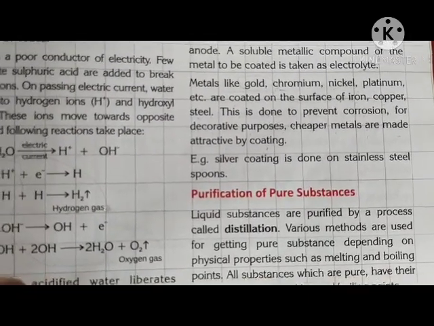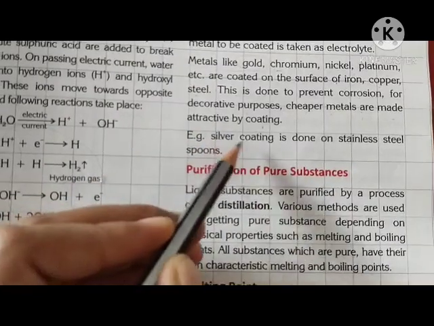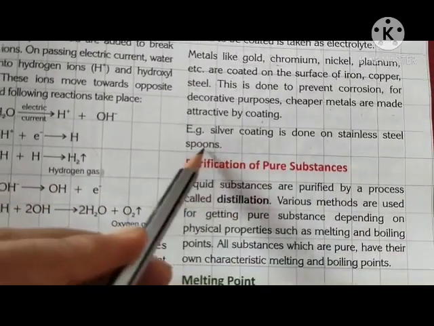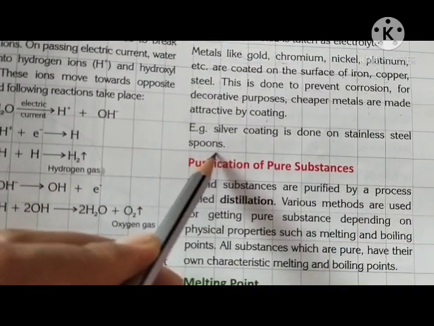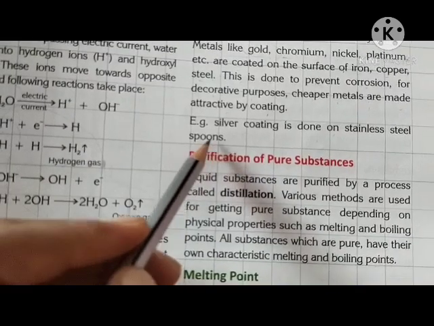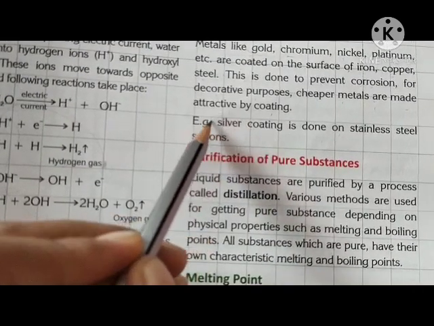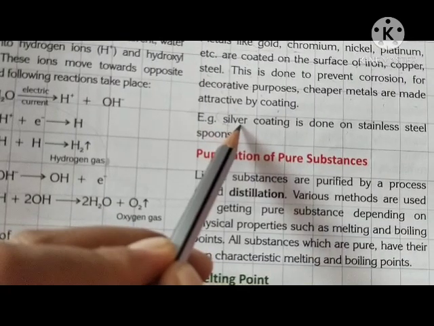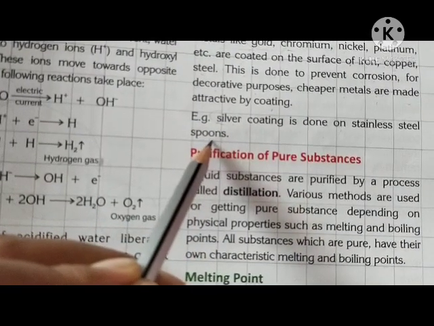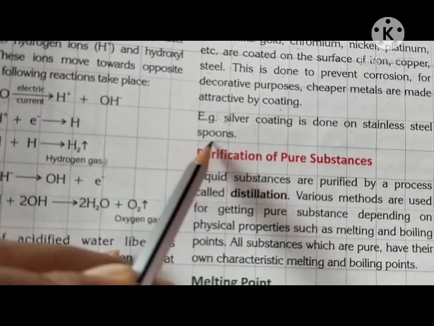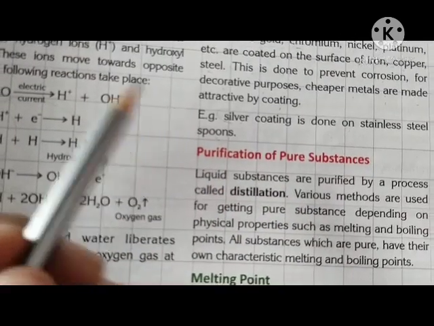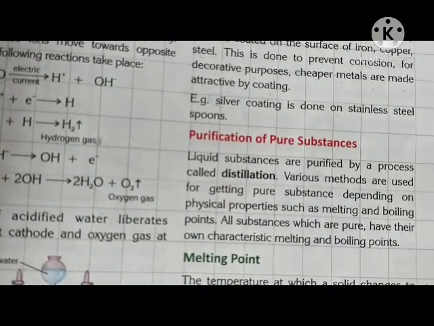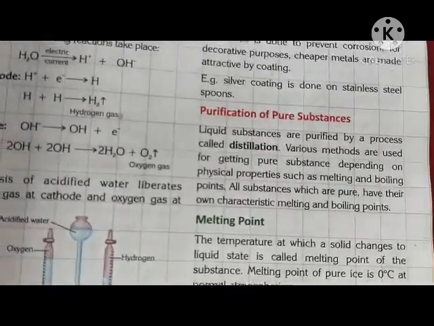For example, silver coating is done on stainless steel spoons. You see, on stainless steel spoons sometimes silver coating is done because silver is less reactive than steel. And if the metal is less reactive, it will react very slowly and it will get damaged very slowly.